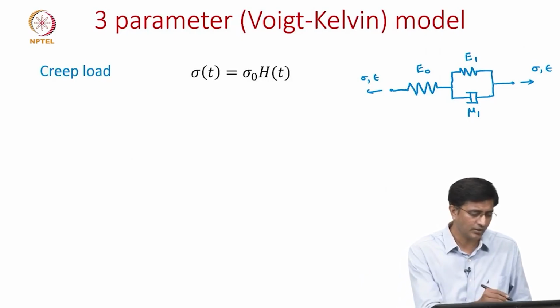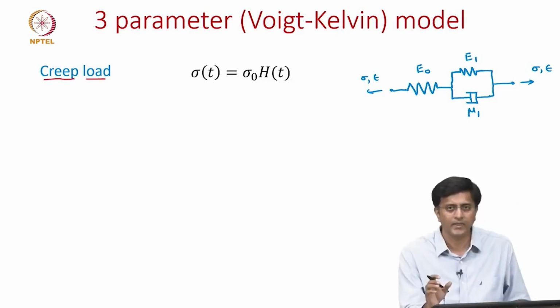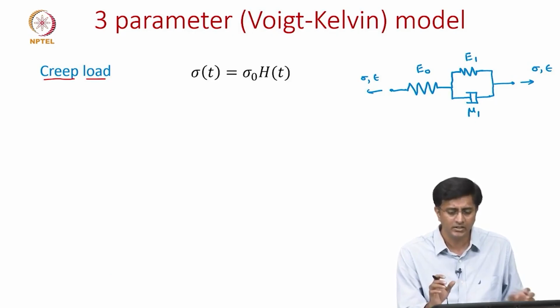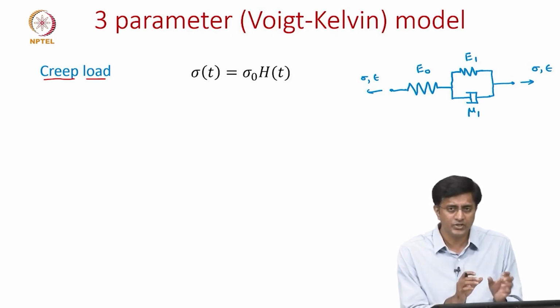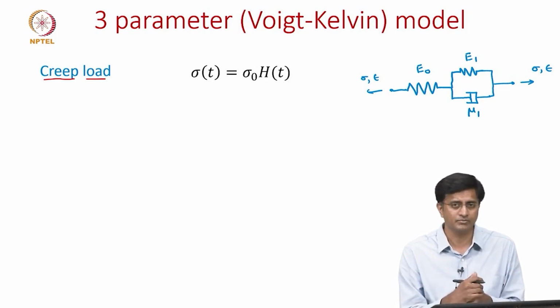So, here we are looking at the 3 parameter model again with creep load. As we can see, the 3 parameter model is simply a free spring and the Kelvin model. So, there is a chance here that we can use superposition.